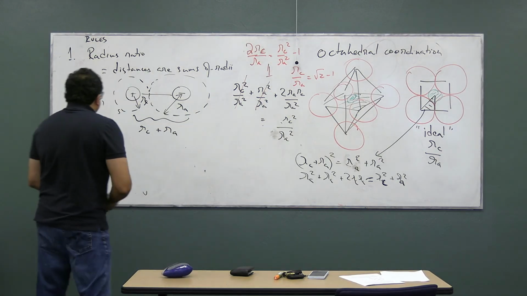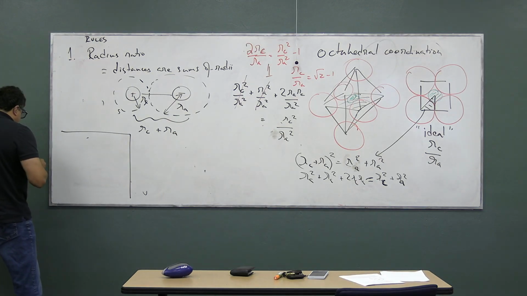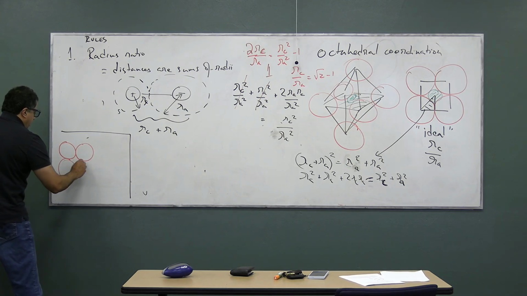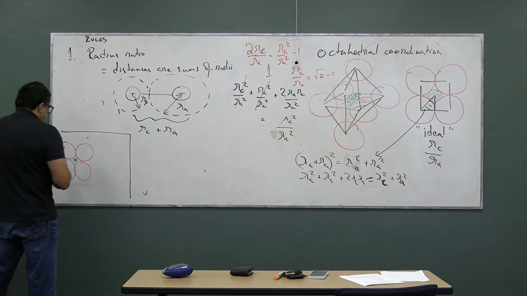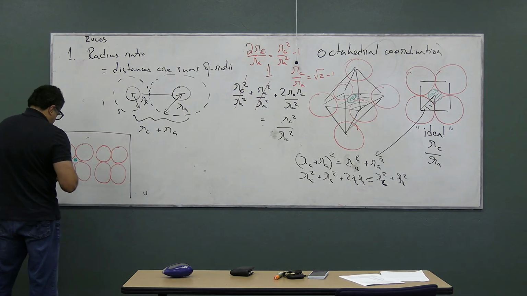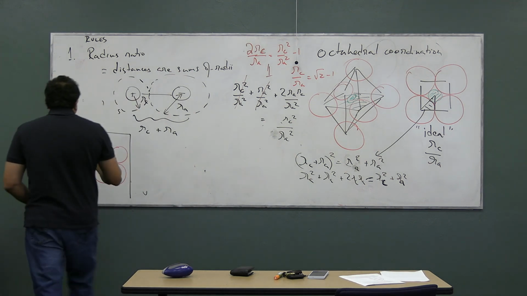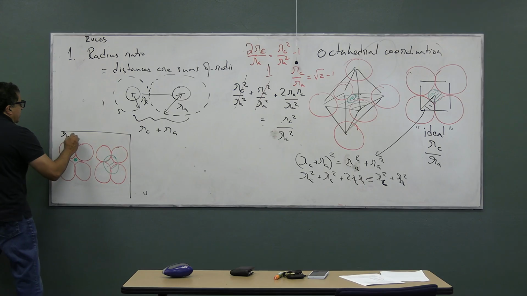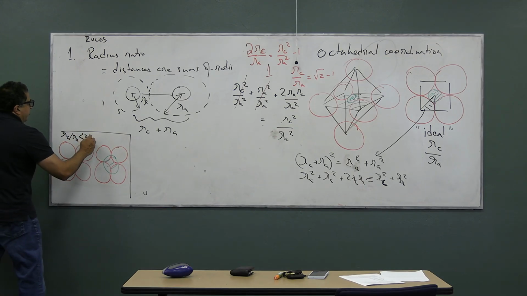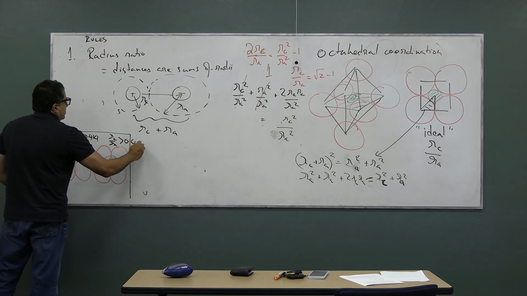So what are the situations? There's one situation where RC over RA is less than 0.414, and there's another situation where RC over RA is greater than 0.414.